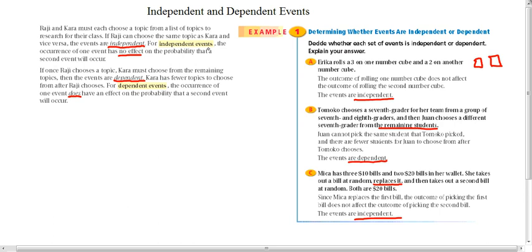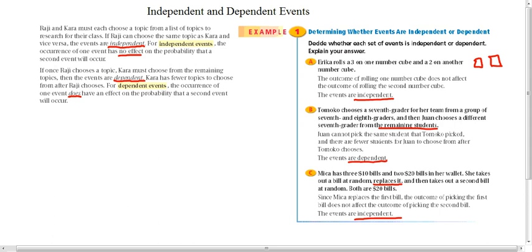So that means if we're going to draw a marble out of a bag and then put the marble back and then draw another marble, then we still have the same amount of choices. So that's independent. And dependent says if we're going to draw a piece of candy out of the bag and keep it, now the second draw has fewer choices, so it is definitely a dependent event.